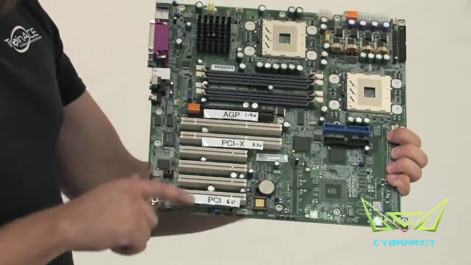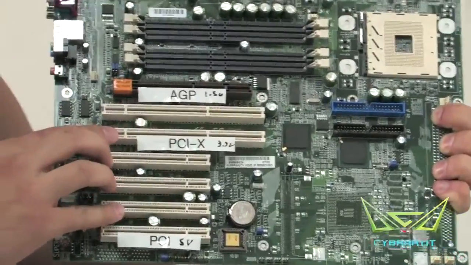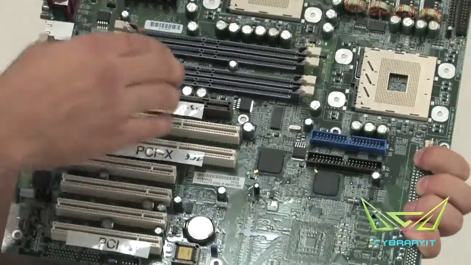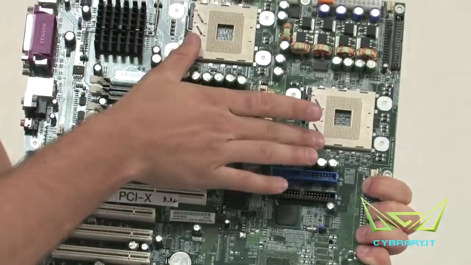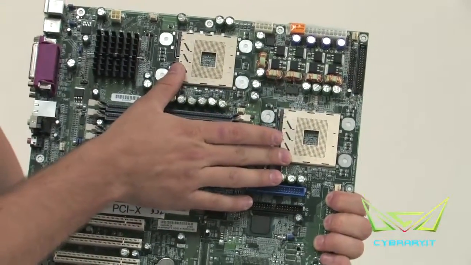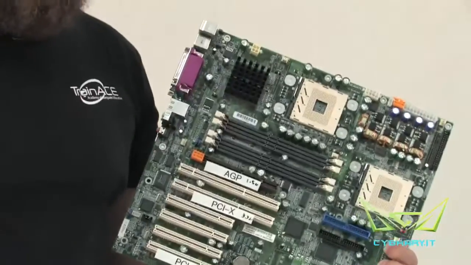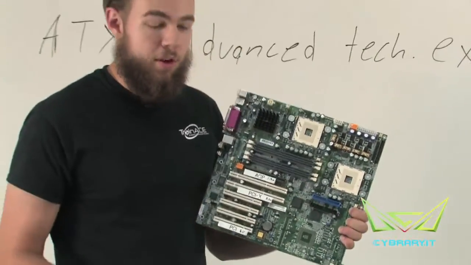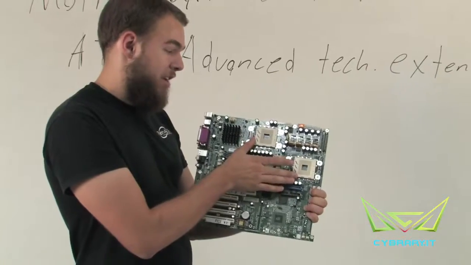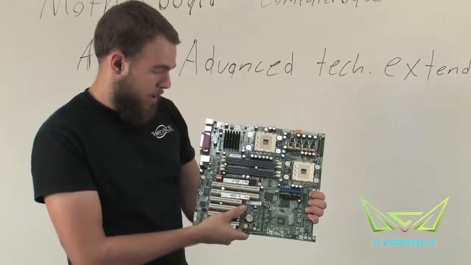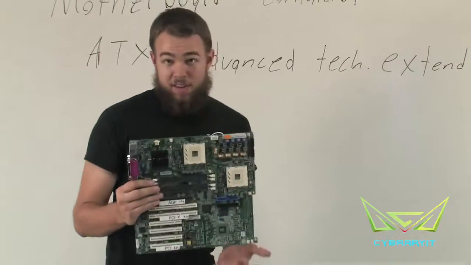We have our additional expansion slots, we have our memory here, and on this board we can actually see we have 2 places for CPUs. This can come in handy, especially on, say, a bigger server computer that we're using more for server capacity, that we have that additional CPU power. So this is going to be, again, our ATX Extend.